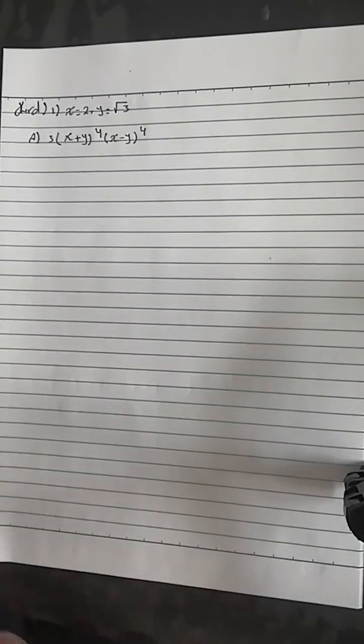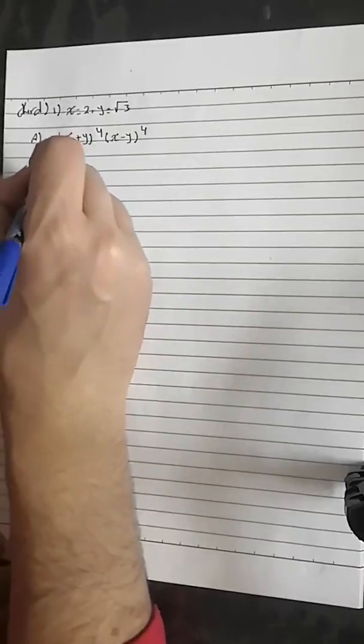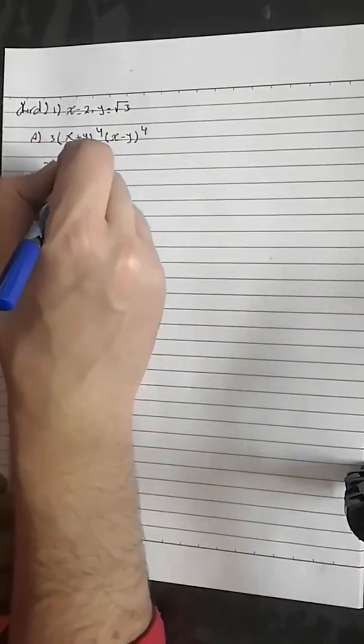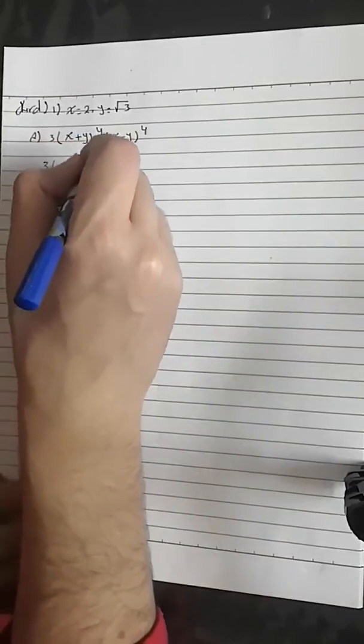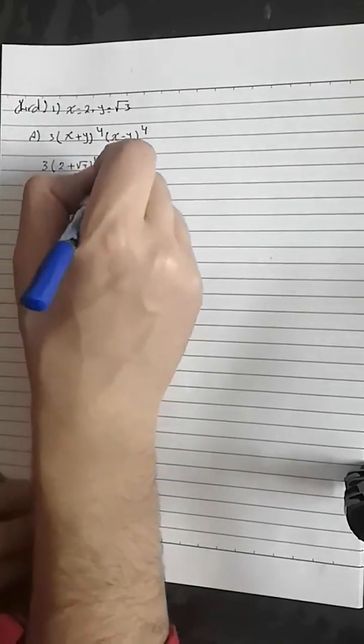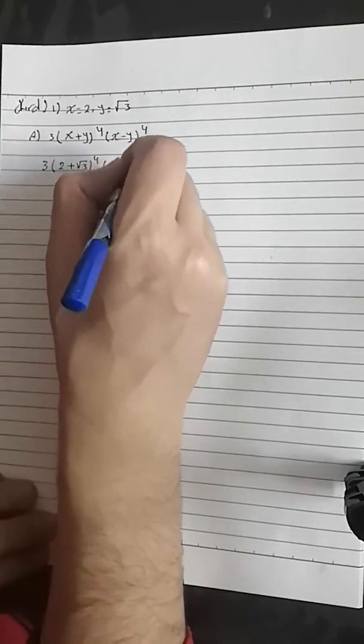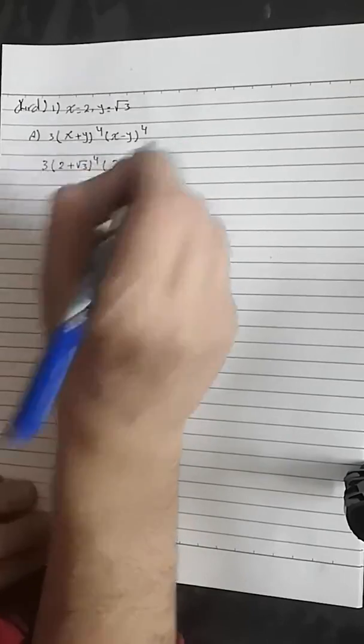Just substitute. I have in here 3 times (2 plus root 3) to the power of 4 times (2 minus root 3) to the power of 4.